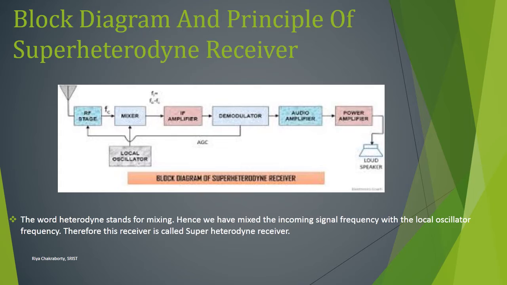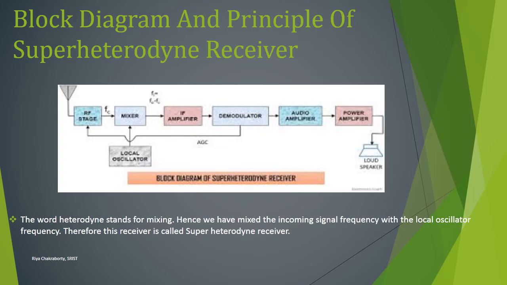Therefore, this receiver is called superheterodyne receiver. In a superheterodyne receiver, a constant frequency difference is maintained between the local oscillator signal frequency and incoming RF signal frequency through capacitance tuning, in which the capacitors are ganged together and operated by a common control knob.